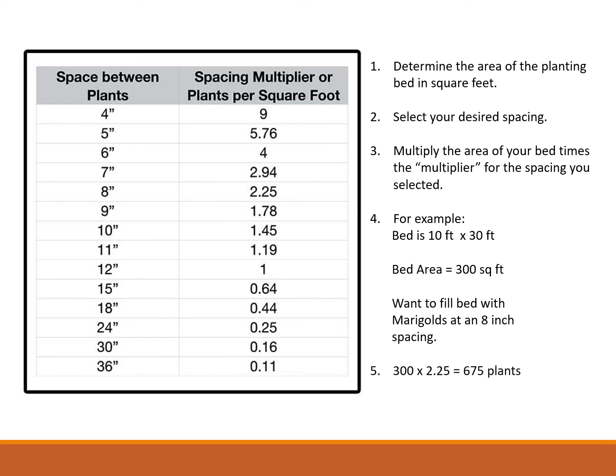If you look at the spacing chart and find the row for 8-inch spacing, you can see that at 8 inches we can fit 2.25 plants per square foot. We already know that we have 300 square feet times 2.25 plants per square foot gives us a total of 675 plants that we would need to fill in a 300 square foot bed at an 8-inch spacing.